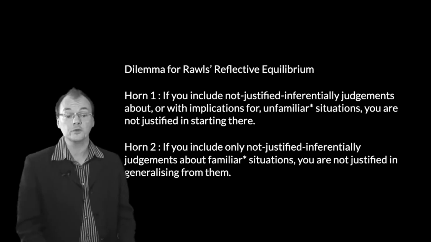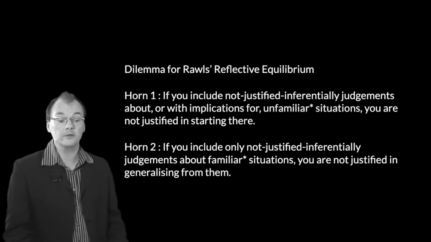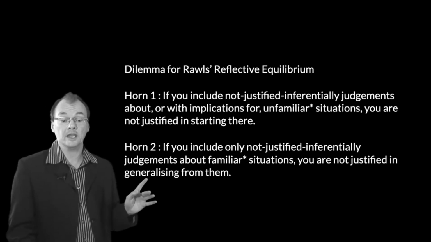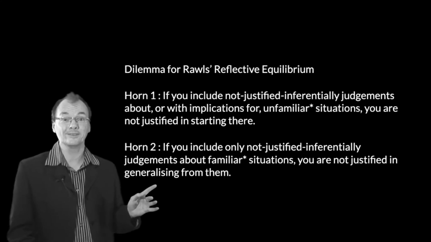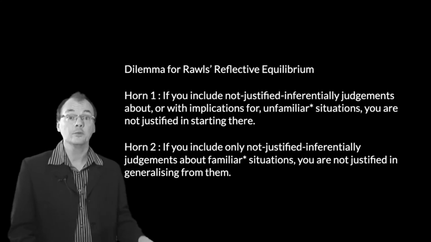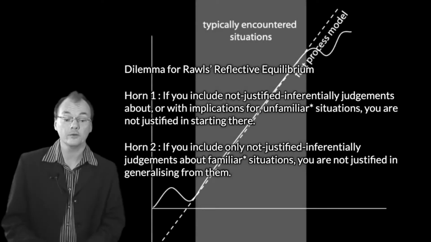The alternative, of course, is that we could include only not justified inferentially judgments about familiar situations, but in that case, reflective equilibrium shouldn't give us any new results. It shouldn't give us any new results because we are not justified in generalizing from them.